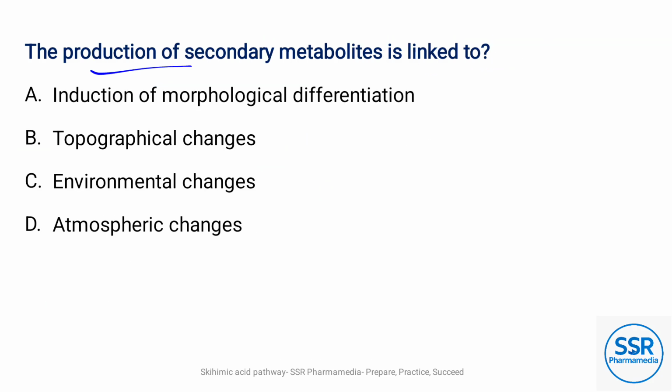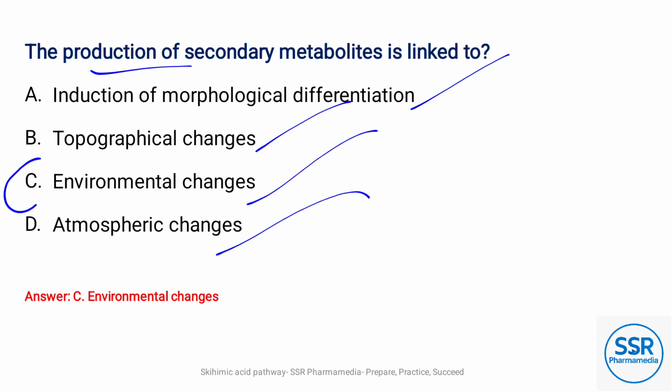The production of secondary metabolites is linked to: option A, induction of morphological differentiation, option B, topographical changes, option C, environmental changes, option D, atmospheric changes. So the answer is option C, environmental changes.